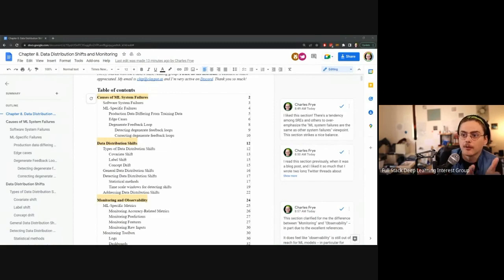So it's important to take some time and think about what causes ML systems to fail. And then if we look at the things that specifically cause ML systems to fail, one of the big ones is basically the dependence on data and the tight coupling between data and the model and the whole ML system.